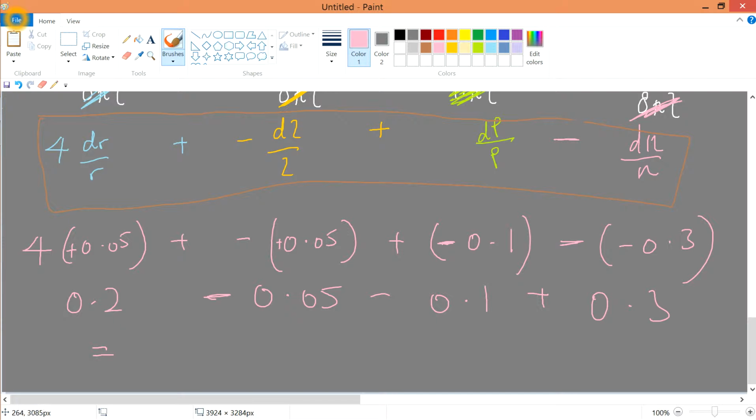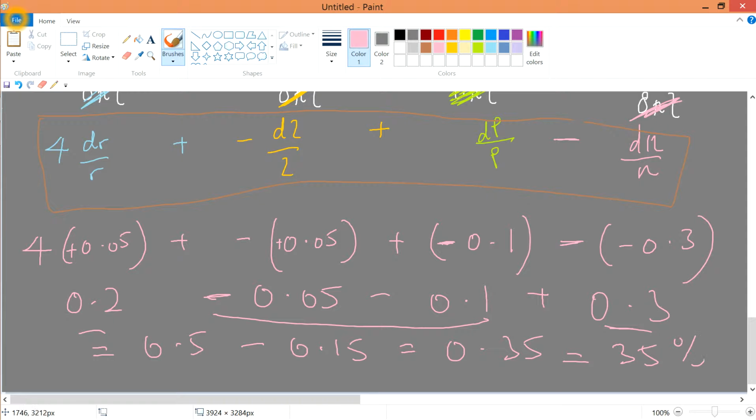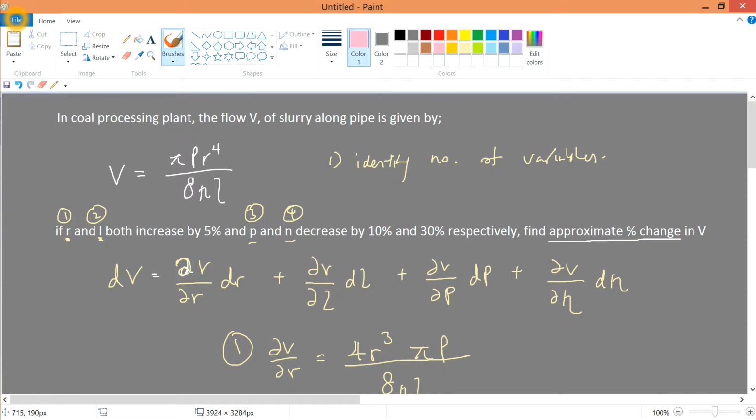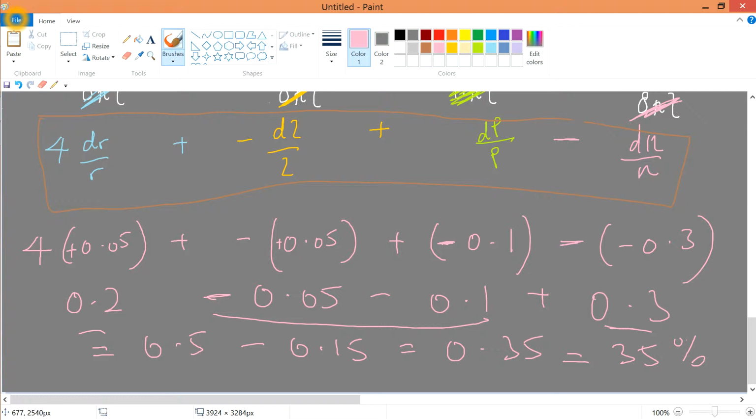You would have 0.2 plus 0.3, which is 0.5, minus 0.15, you'll have 0.35, equal to 35%. So the answer is 35%, and it means the approximate change in the flow is 35%. So there will be about 35% change in the flow, which is pretty good.